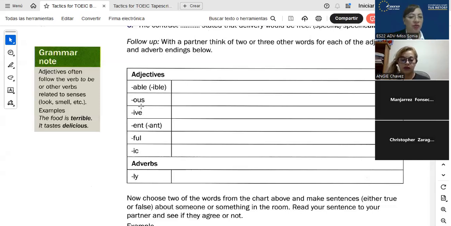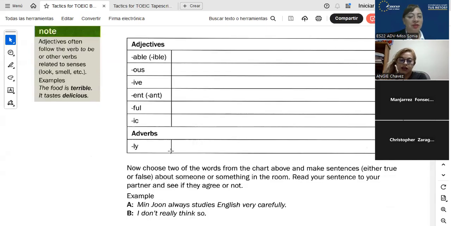Attractive, as you mentioned. Adverbs, of course, we have many. Many adverbs with ly, right? Especially, fortunately, unfortunately, now with a prefix, right?